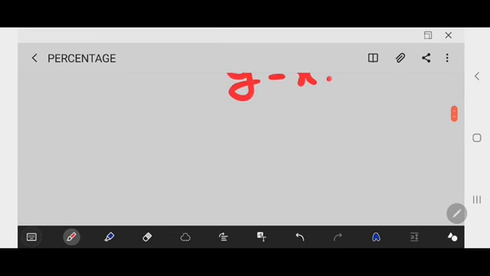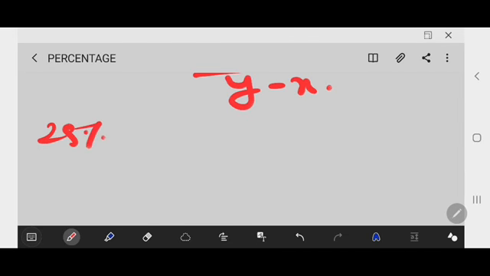Okay, so we'll see an example. A candidate scores 25% and fails by 60 marks, while another candidate who scores 50% marks gets 40 marks more than the minimum required.